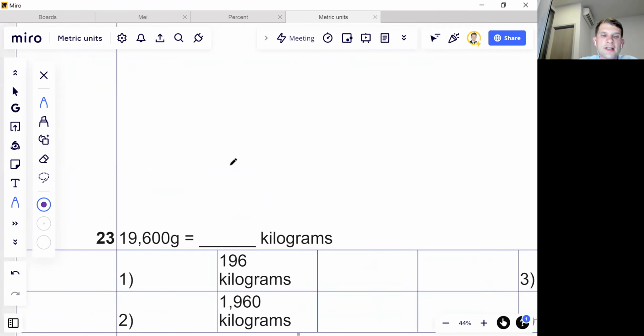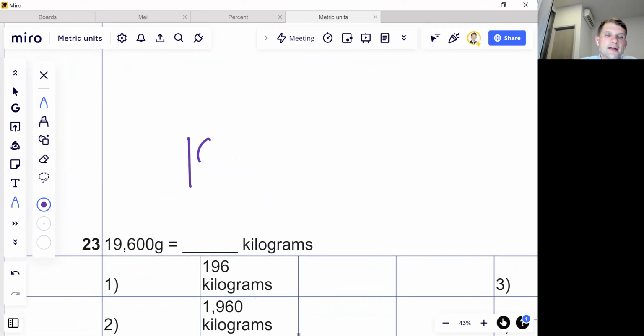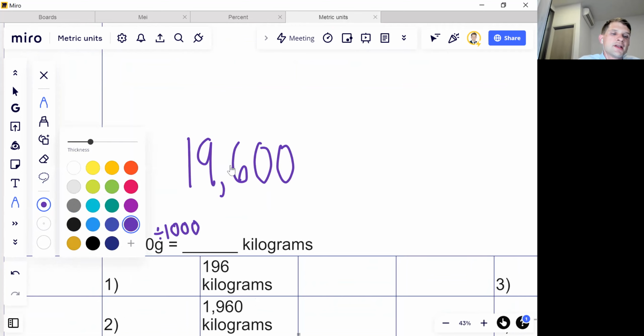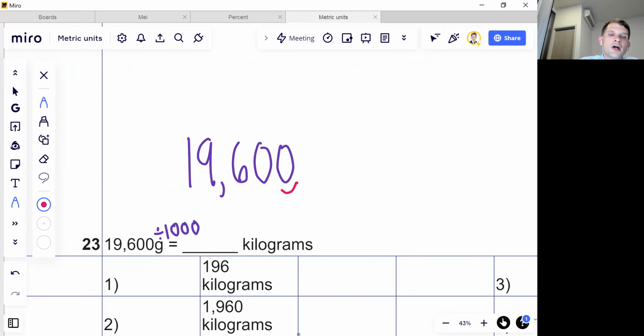Moving on to number 23 here, we have 19,600 grams is equal to how many kilograms? So for this one, we remember fly to a horse, divide, of course. And like we just talked about before, we know we're going to need to divide by 1,000 here. So this decimal can go 1, 2, 3 places back.